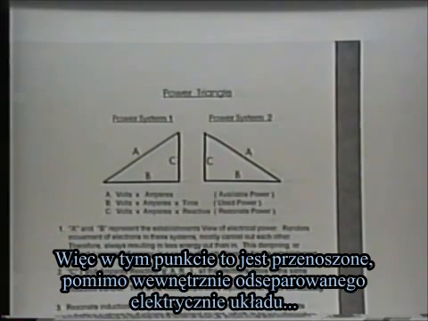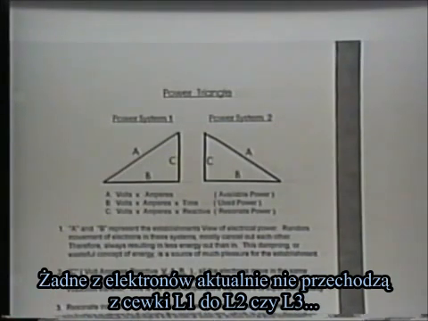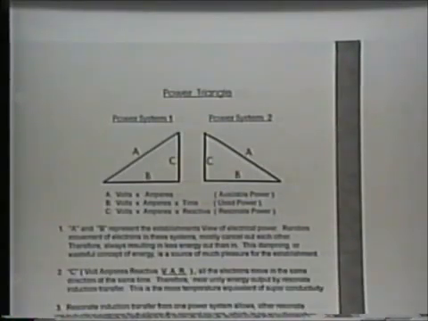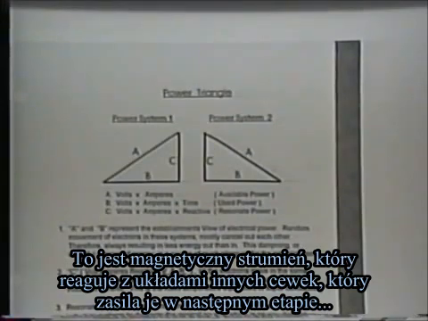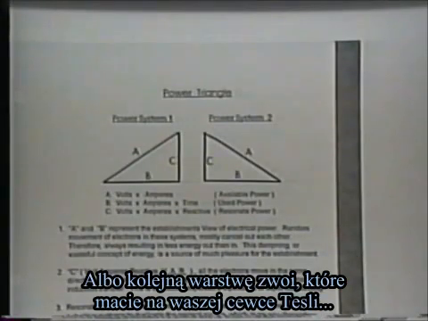So at that point, what's transferred over into it becomes an entire separate electrical system. None of the electrons have ever actually gone from the L1 to the L2 to the L3. It's the magnetic flux which is reacting with the different coil systems, which is powering the next stage on, or the next layer of turns as you go towards the top of the Tesla coil.